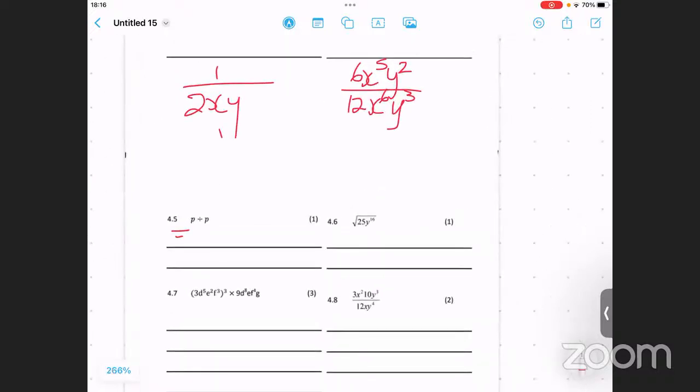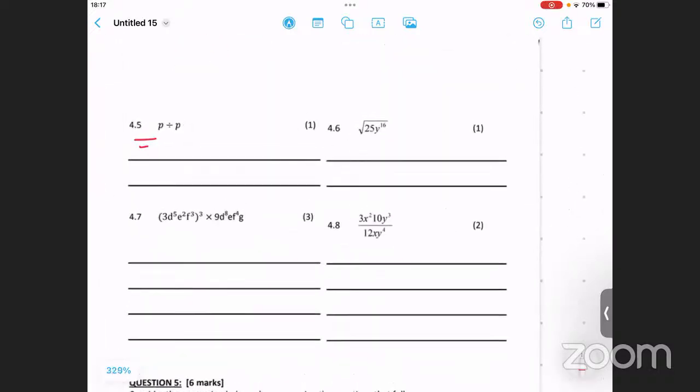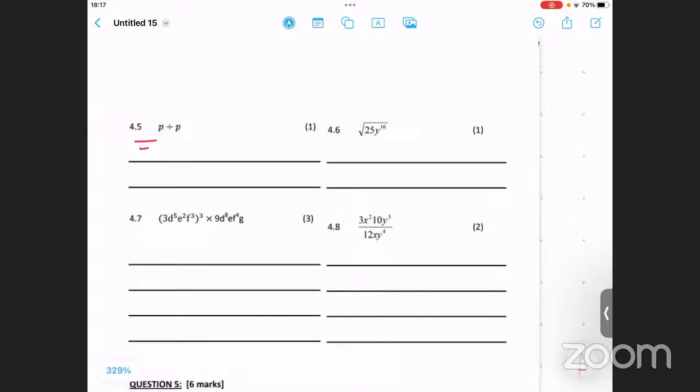Ma'am, because usually when we divide, we minus the exponents, and the exponent is the invisible one. So I think it's not 1 because it's P divided by P, which is P to the power of 1 minus 1, because the exponent is 1, but it's not written there. And then it's gonna be P to the power of 0, which is gonna be 1. Perfect.